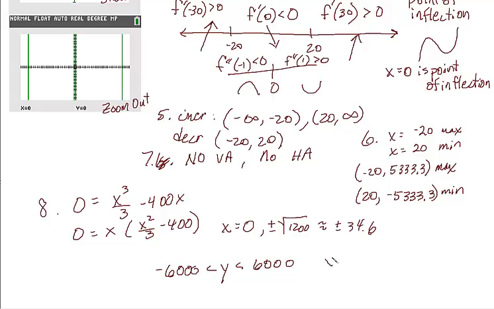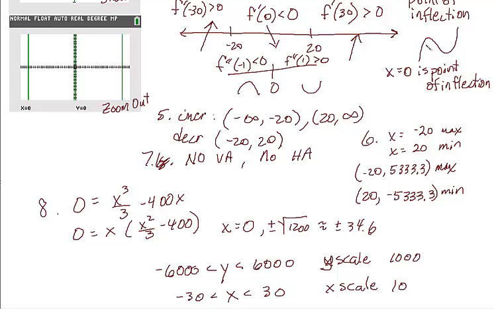I will put my y scale at 1,000, that way it doesn't have so many tick marks like this thing did. My x needs to go at least to 20. Let's make it a pretty number. Let's just say negative 30 to 30, and my x scale, let's have it count by tens.